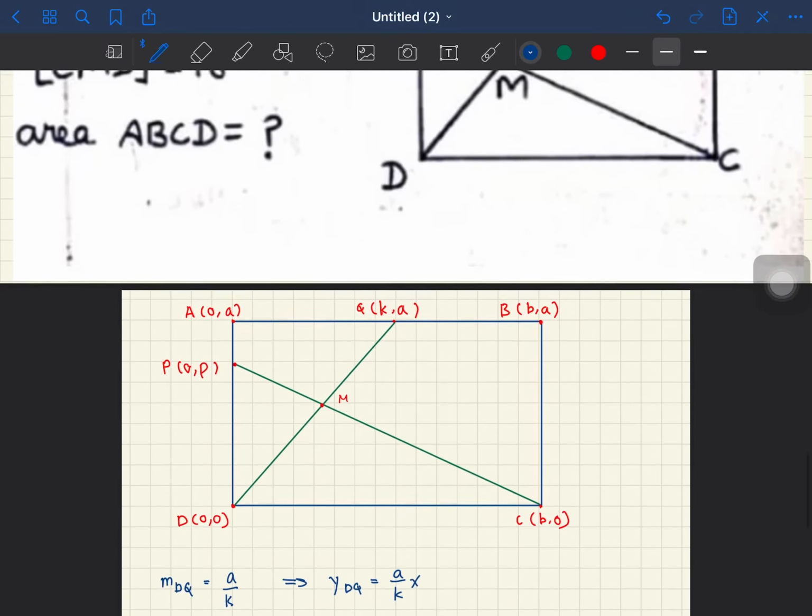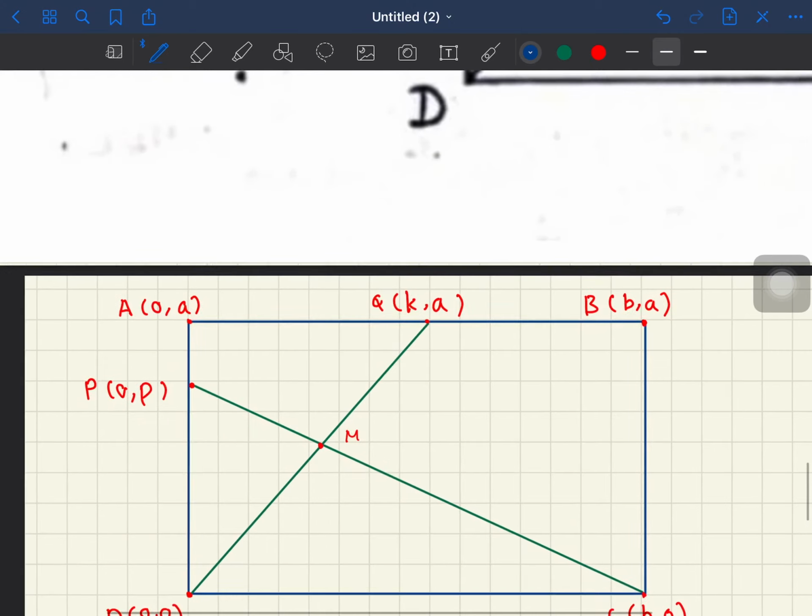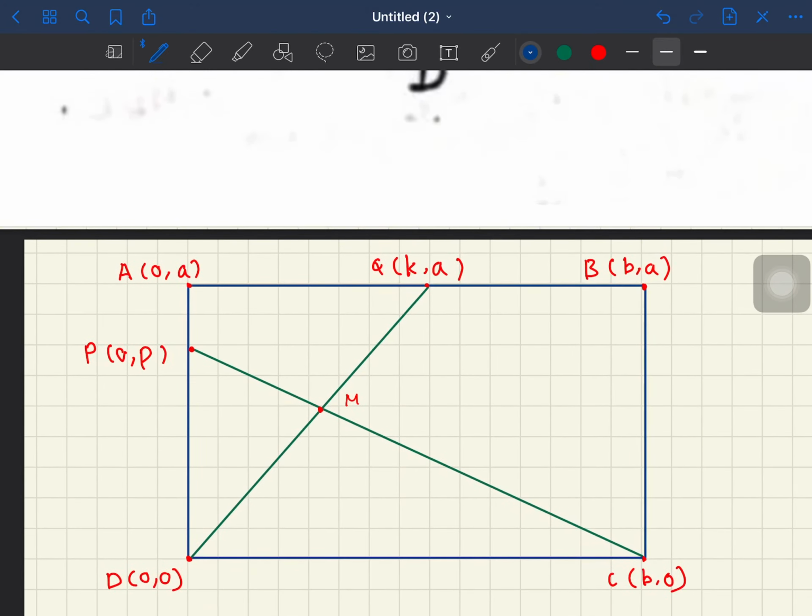So I scroll down, and as you can see, I have copied this diagram and drawn it with labelled coordinates. A is (0, a), D is the origin, C is (b, 0), and B is (b, a).